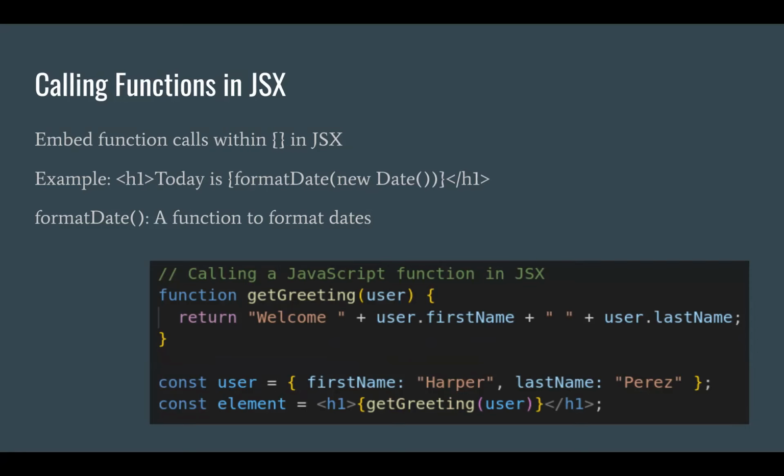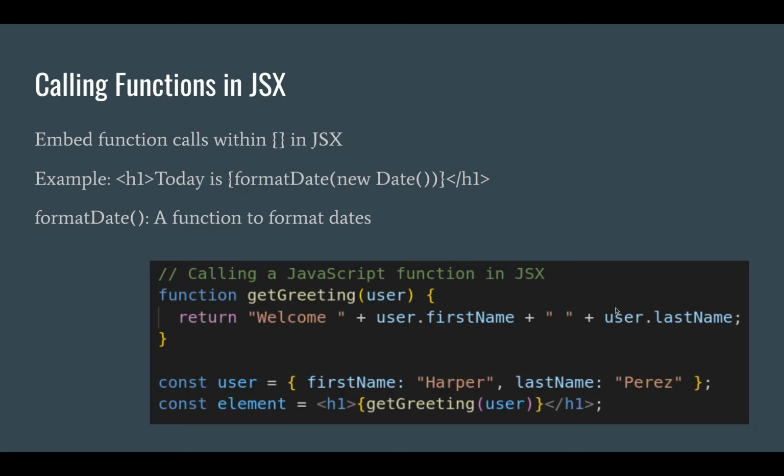You just need to call your function within curly braces, and JSX will execute it and render the result. So this seamless integration of JavaScript functions into JSX is what gives React flexibility and power. So just look at this example. Today is, we can just within JSX markup call formatDate and instantiate a new Date.